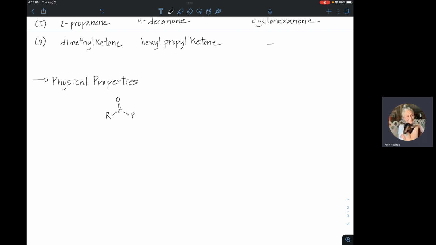It could be an R or it could be an H. So that carbonyl is polar. I've got a partial negative charge on the oxygen, partial positive charge on the carbon. So there's polarity associated with the carbonyl.